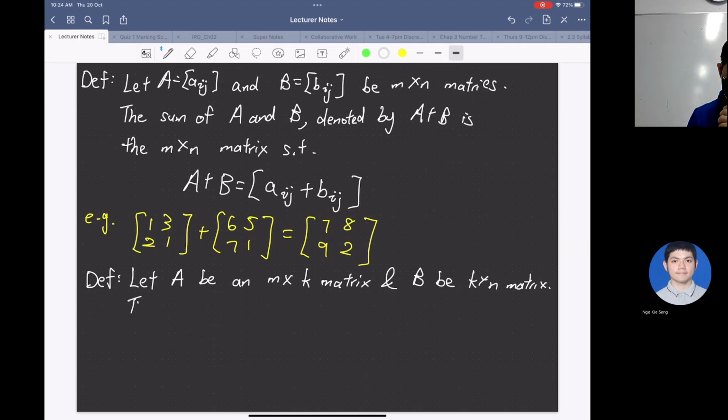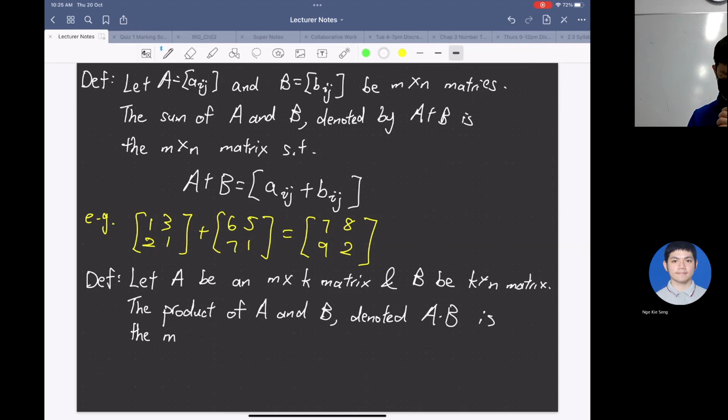Then we can define the product of A and B. We write A dot B, or simply AB, and it is an m by n matrix such that every entry is the row times the column.